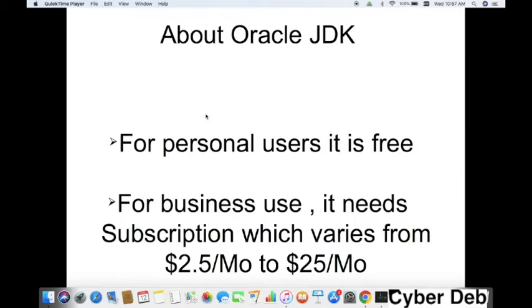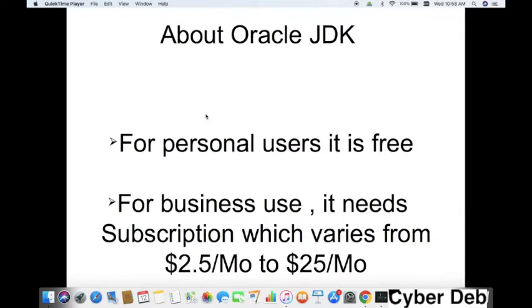And Oracle JDK is paid from the end of 2020 for any version. Wherever we go for selling our Java based products, the client needs to buy the license of JDK if it is built using Oracle JDK, but the developer need not pay anything for Oracle JDK.